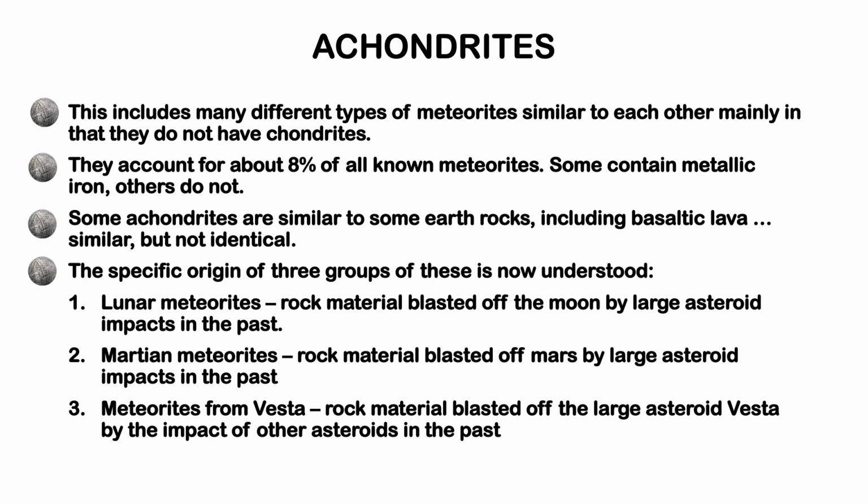Martian meteorites, the same. We have Martian rocks blasted off Mars sometime in the distant past by a large asteroid hitting Mars, and then bits of Mars ending up on Earth. One of the largest of the asteroids, the second largest one, called Vesta, also is thought to be the source of one of the groups of achondrites.